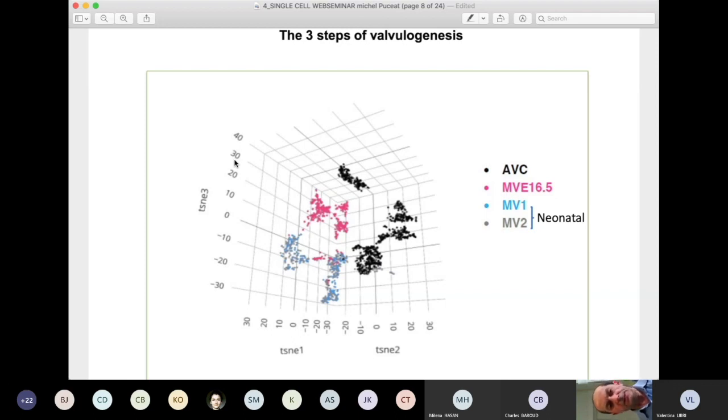You see very clearly that the cells are very well discriminated: the AV canal cells very early on, so endocardial and valve progenitors. And then there is a small overlap between E16.5 and the neonatal stage, where some pink cells are close to the blue cells. What is very interesting here is the reproducibility, because the two samples of neonatal valve, blue and gray cells, fully overlap, so they are very similar in terms of transcriptomic profile.